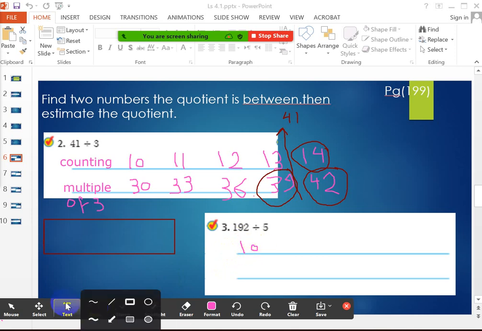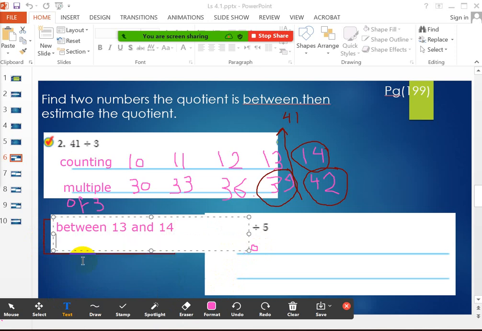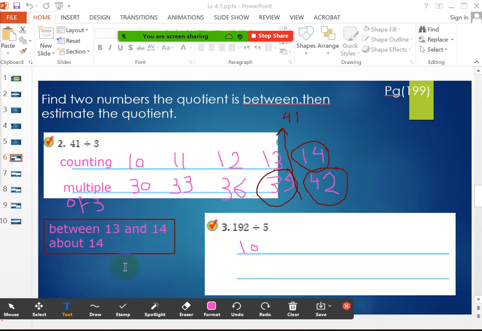After 10, I will erase this. I will write it again for you. Sorry. Okay. Now, first thing, girls, I will start the counting numbers from the 10.